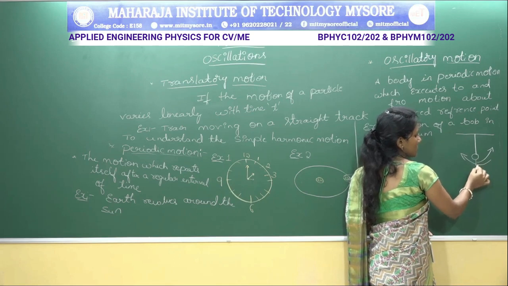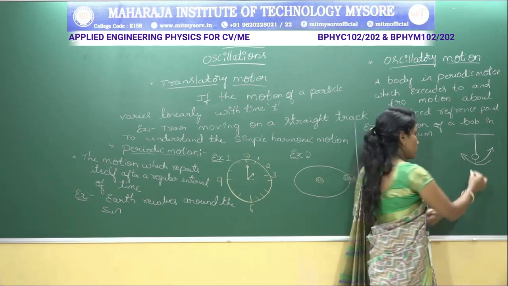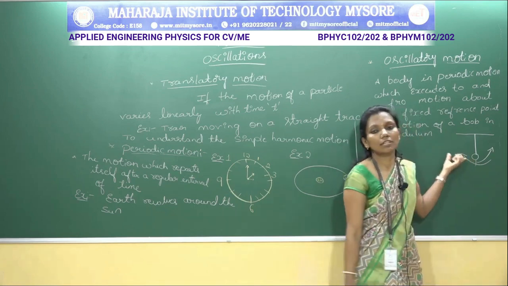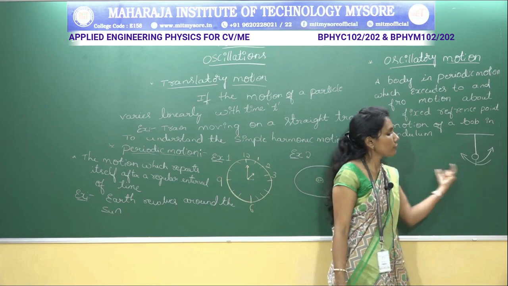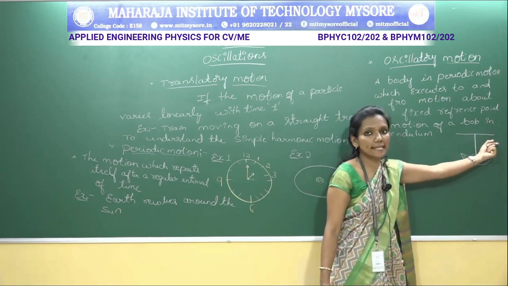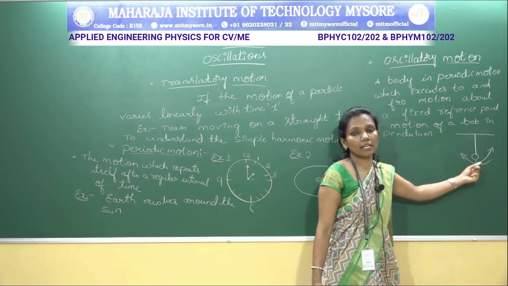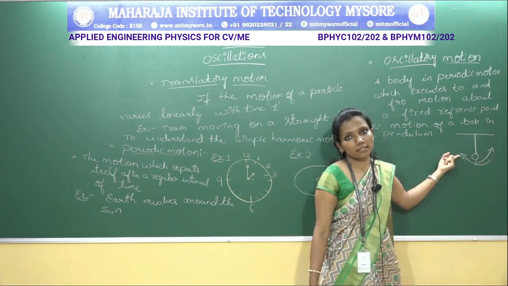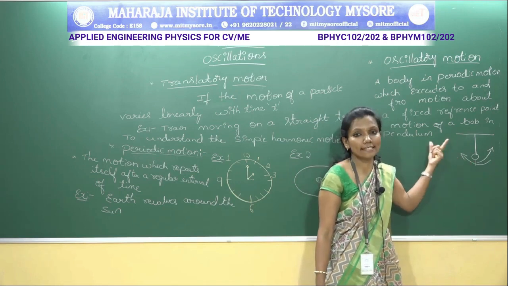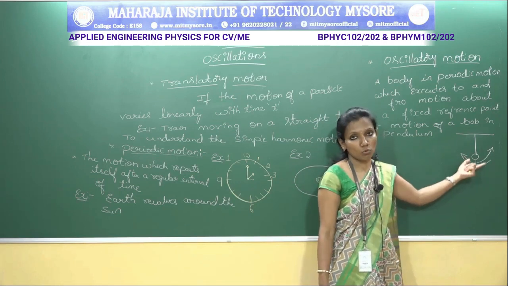Suppose this is the fixed point; then this bob will make a to and fro oscillation. It will move, reach the extreme point, and again come back along the same path. That type of motion we call oscillatory motion.